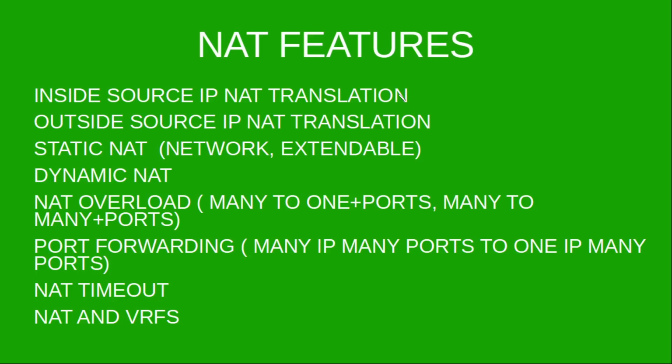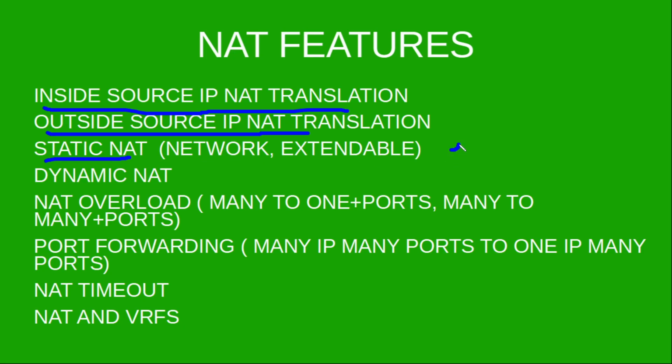So this is a summary of what we saw in this session. Inside source IP NAT translation, outside source IP NAT translation, static NAT with the parameters that we can use.